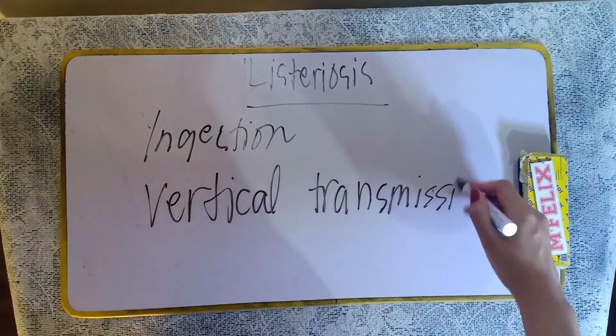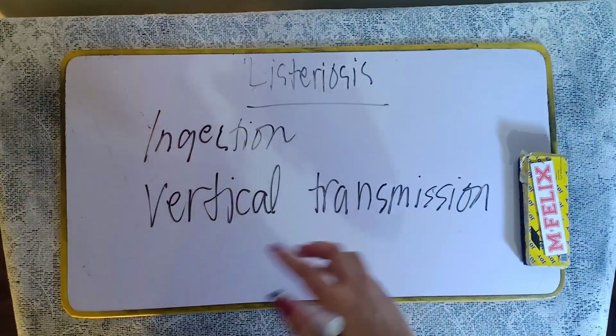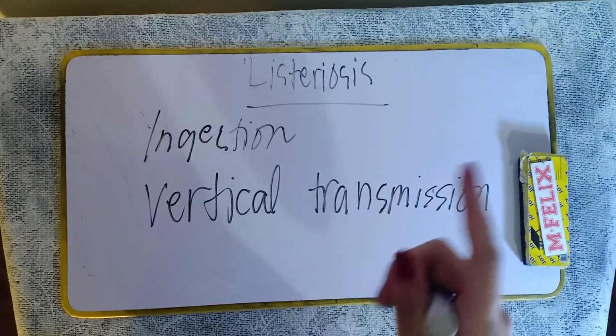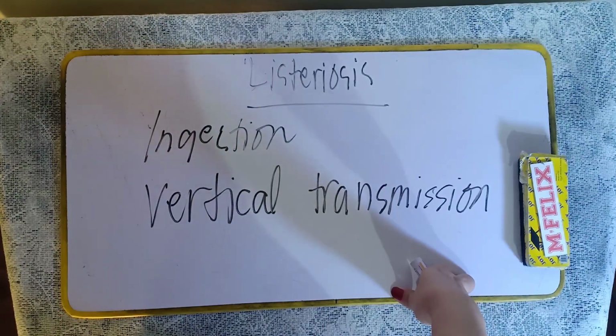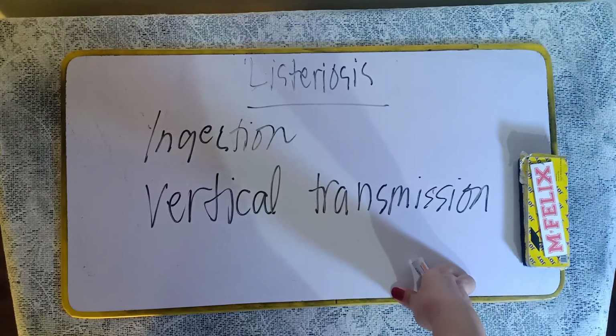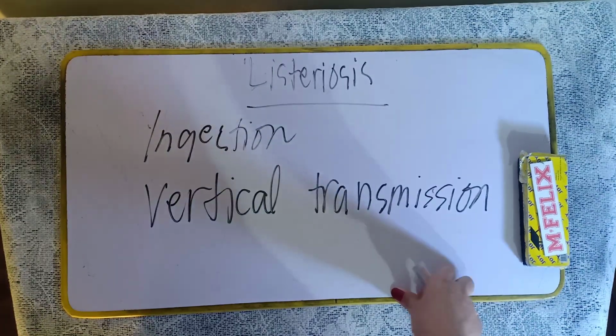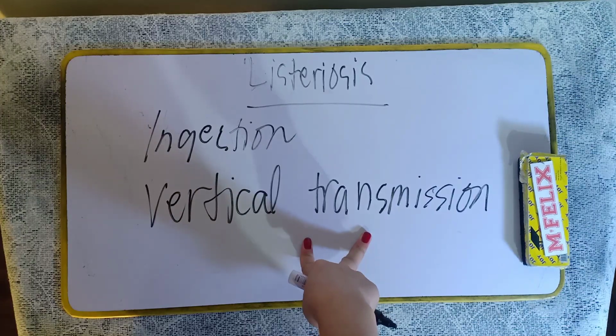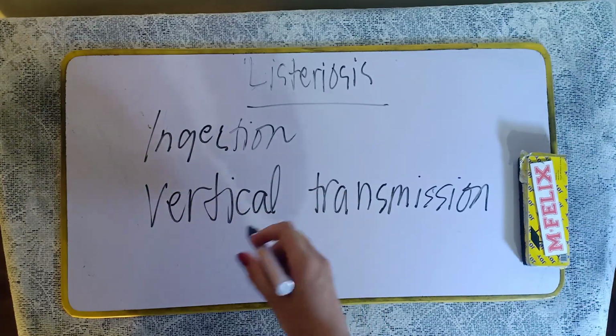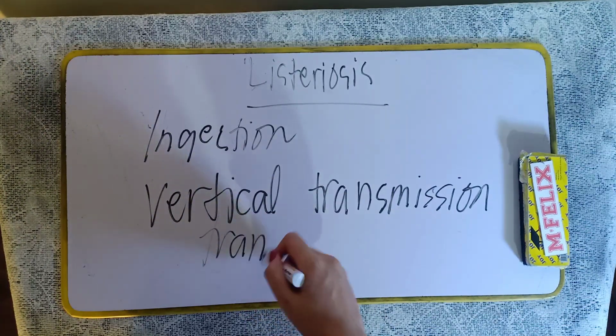Okay? Vertical transmission is also known as transplacental transfer. So, actually pala, yung mga infected mothers natin, pwede niya mapasa yun sa fetus through this kind of transmission. Okay, vertical transmission, also known as transplacental transfer.